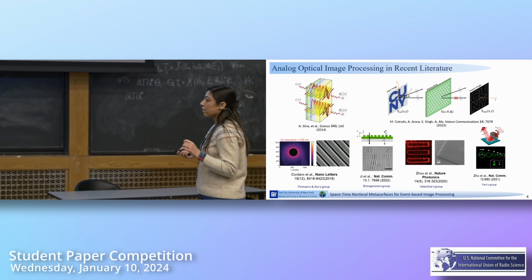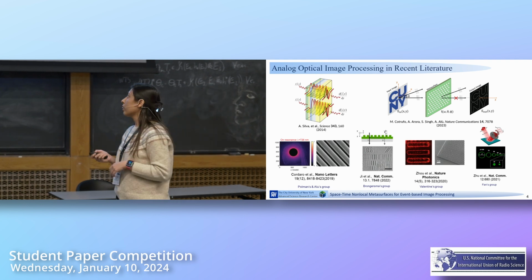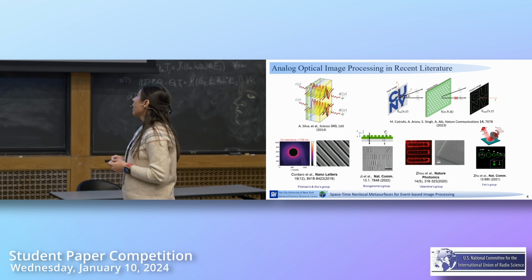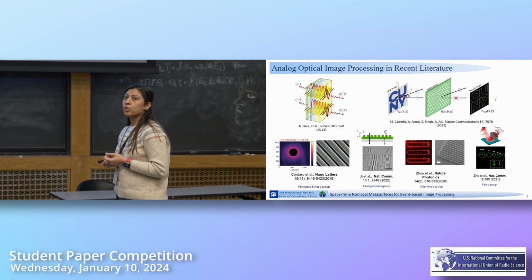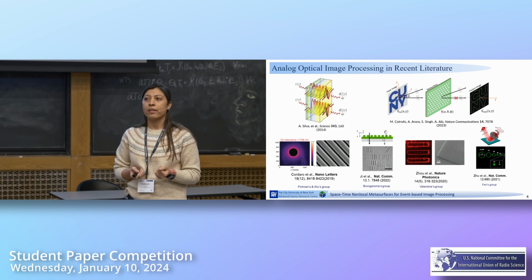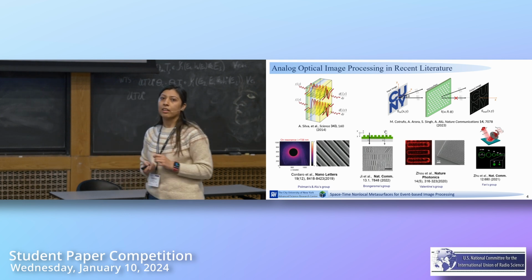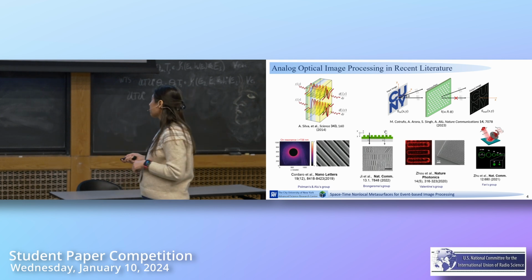There have been several groups working on optical image processing and in particular edge detection, and they've been trying to improve different figures of merit for various applications. And there have been lots of very exciting experimental demonstrations.